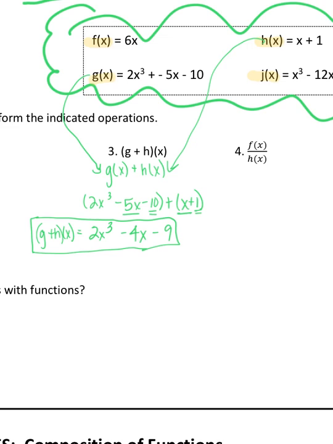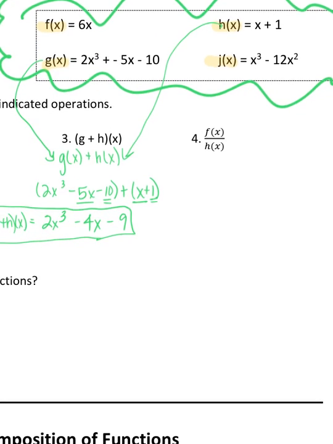Okay, for number 4, we are going to divide. So in number 4, we're going to take f of x divided by h of x. So for f of x, we're going to substitute in a 6x. And for h of x, we're going to substitute in an x plus 1. Now, if you are dividing, you are looking to simplify common factors.